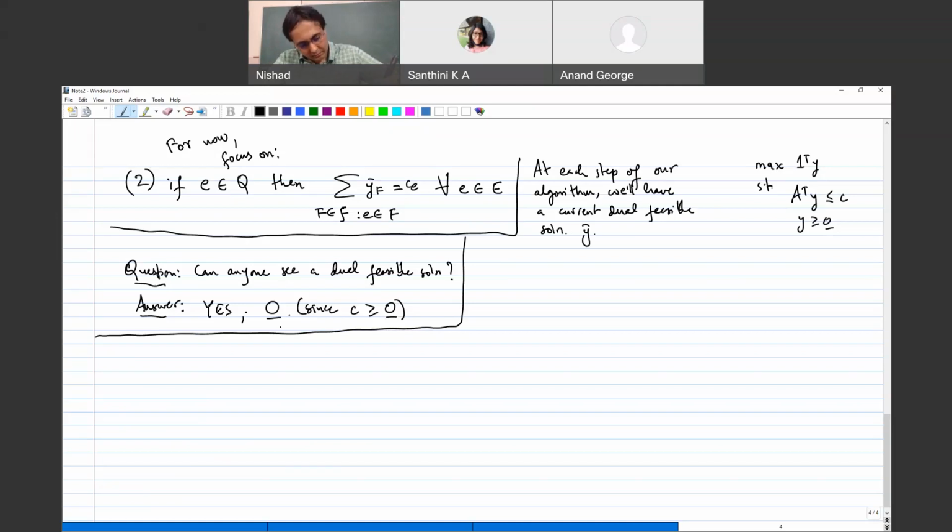This is the starting dual feasible solution. And we want to try to improve our dual feasible solution. Now I'm going to switch to an example and see how we do this.